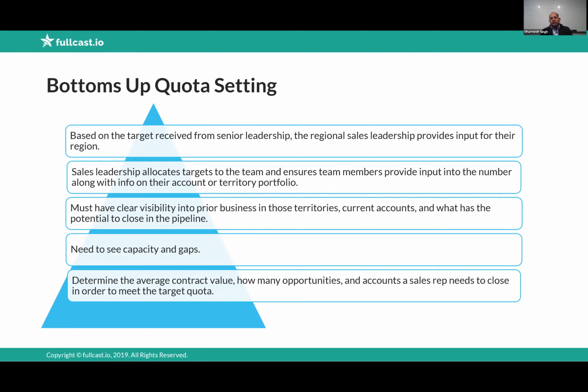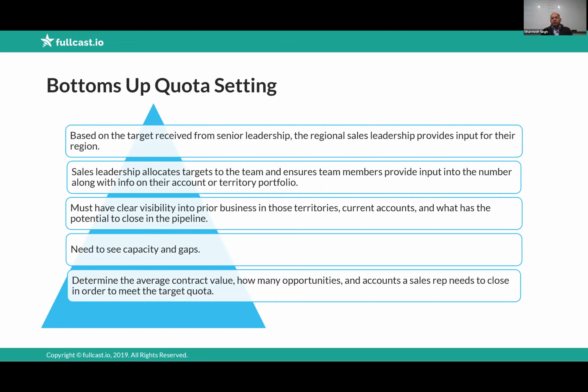And what we really want to see is what's our current capacity. If you ask me to pick a number that doubles my quota for next year, I will tell you either I need more customers or I need additional headcount. And all that data has to be rolled back up, right?